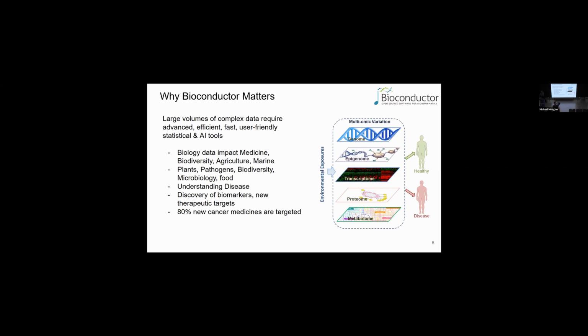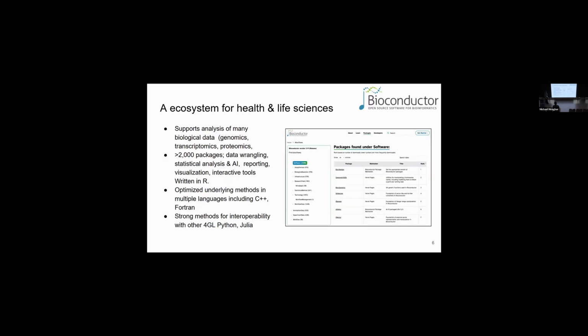What are the blood biomarkers that we use in the clinic to detect disease, and new therapeutic targets underpinning pharma. Our success is indicated by the fact that 80% of new cancer medicines are molecularly targeted. Understanding how we analyze genetic data, the science in the universities that connects to the industry, allows this to happen. And increasingly the data that we use is much more complex.